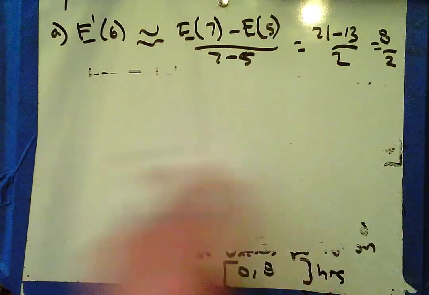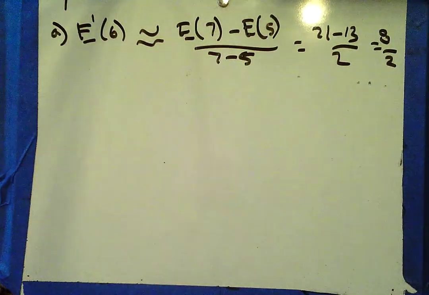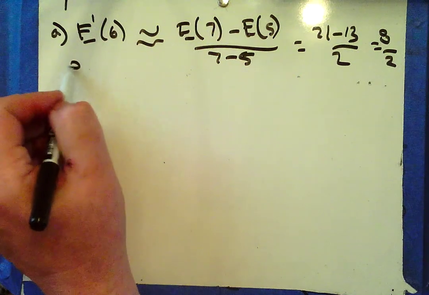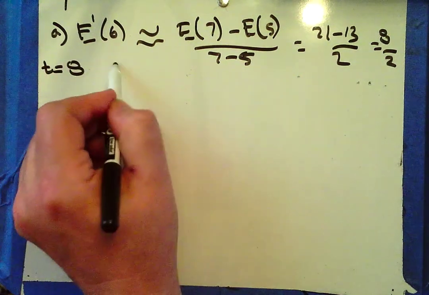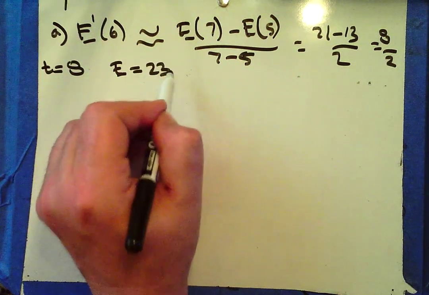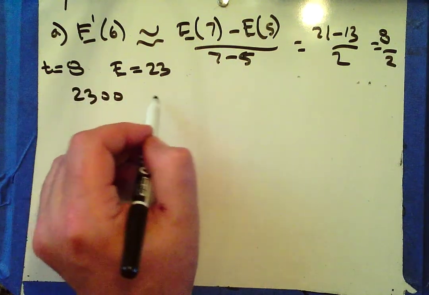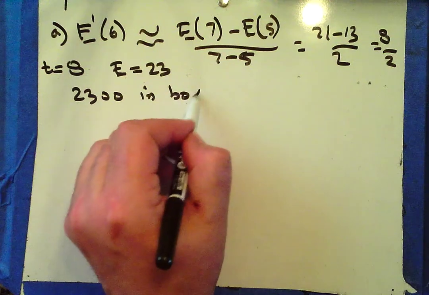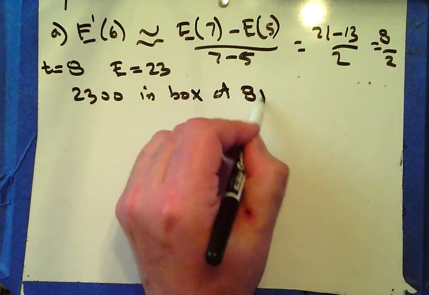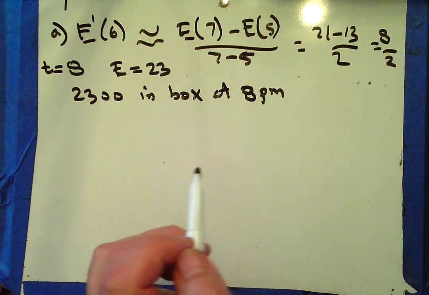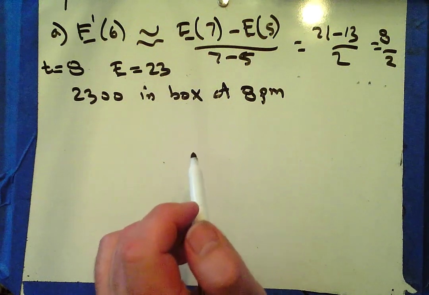Sorry, just the brain shut down for a second there. So at t equals 8, e equals 23. So we know that there are 23 hundreds of entries in the box at 8 p.m. Okay, so that's how many we've got.